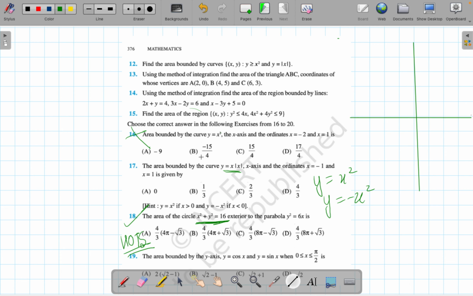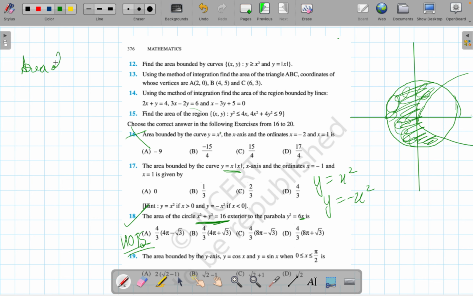All right. So first was a circle whose radius is 4. So you make a circle whose radius is 4. After that you will make a parabola which is symmetric about x. Now it says exterior to the parabola, that means we have to find this area. To find this area, children, you have to use area of circle minus this area, and you know how to calculate this area.